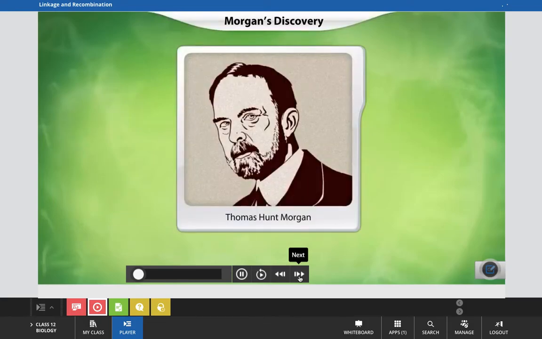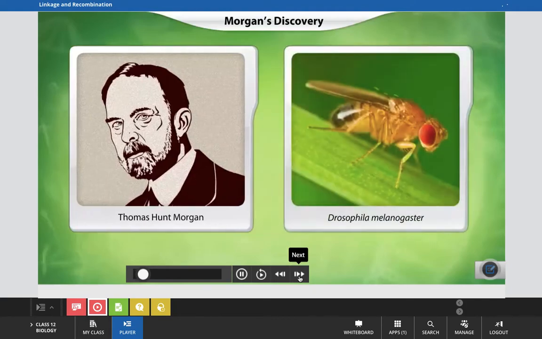In the early 20th century, Thomas Hunt Morgan made an insightful choice of using Drosophila melanogaster, the fruit fly, to further understand Mendel's findings.